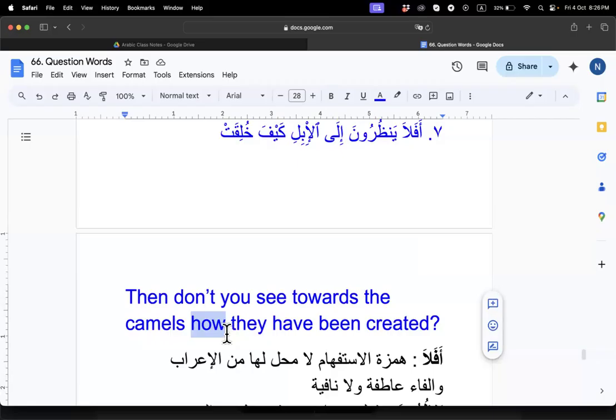I think the hal is very difficult, because we have the word created here. We have a fi'il here. So it's very hard to focus on the condition of the camels itself. So the hal is the difficult one to come across. Yes, this is actually maf'ul mutlaq more than hal. Any questions?